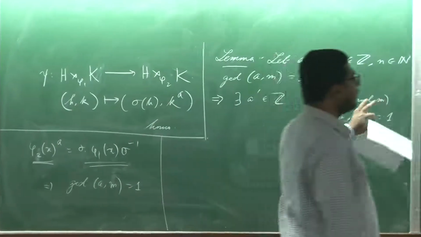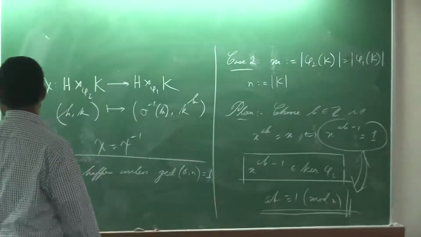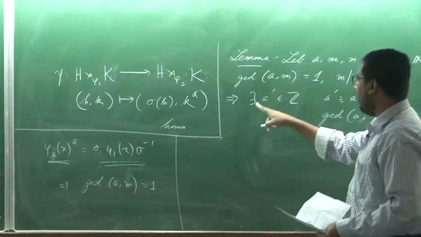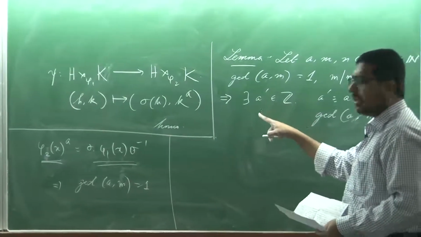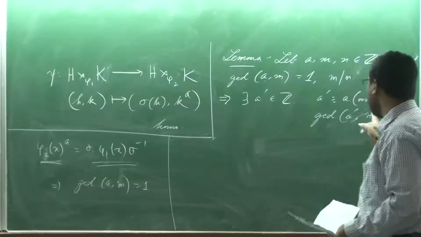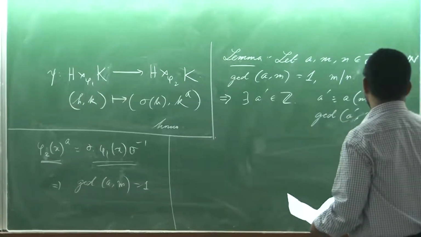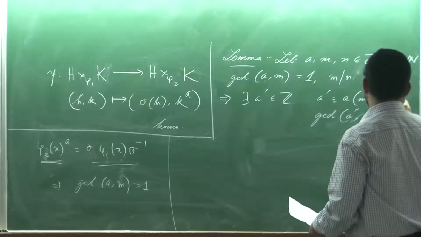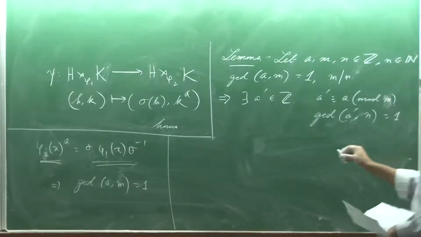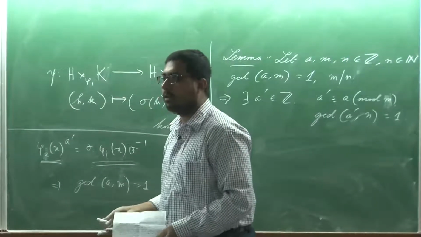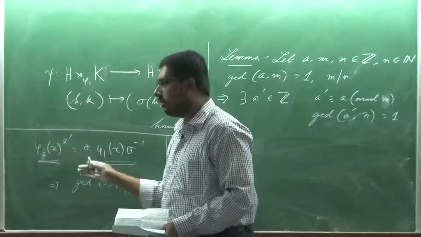Okay. Before we get into the proof of this lemma, let me show you how we can finish the proof of the theorem in view of this lemma. That is simple. From this A, using this lemma, we will produce an A prime. Since A prime and A are the same modulo M, both are the same, so there is no problem going to happen.